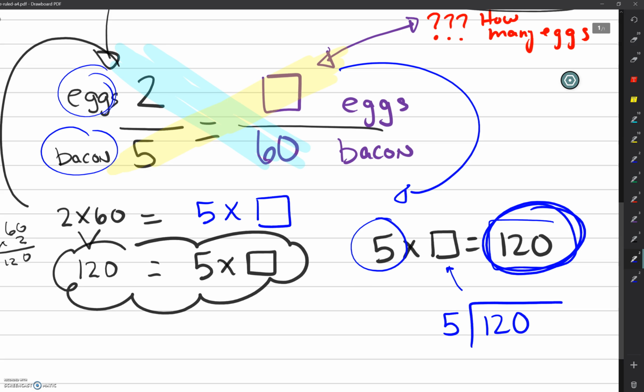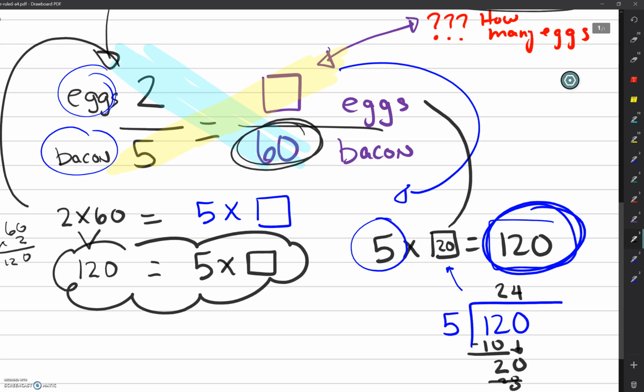So I divide it by 5. 5 goes into 12 2 times, which is 10. Subtract to get 20, bring down the 0. 5 goes into 20 4 times, so it's 20. So what this means is, if I had 60 pieces of bacon, I would need 24. It goes in here. 24 eggs.